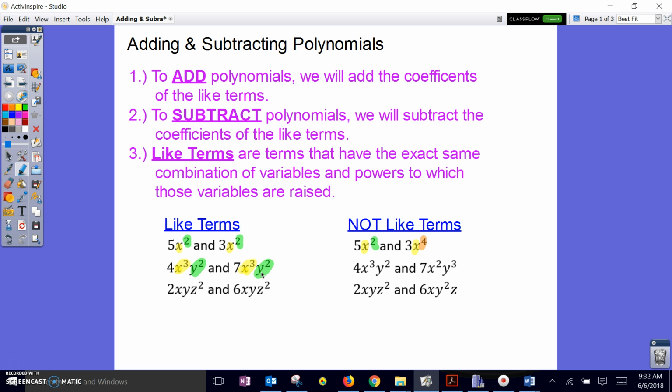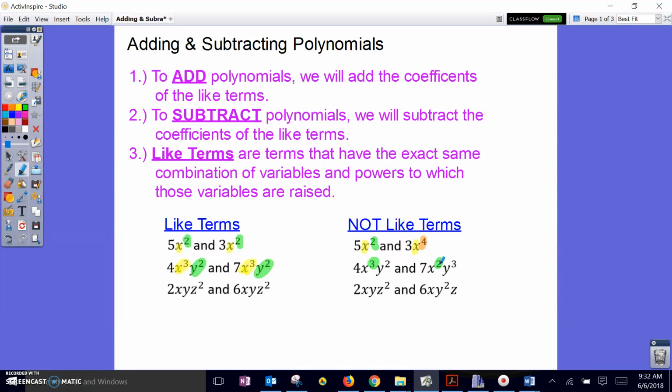The right-hand column looks very similar, but those are not like terms because while they have the same variables, the variables are not raised to the same exponents. We see that x is raised to the third power in the first monomial, and x is raised to the second power in the other one. So that right away makes them not like terms.